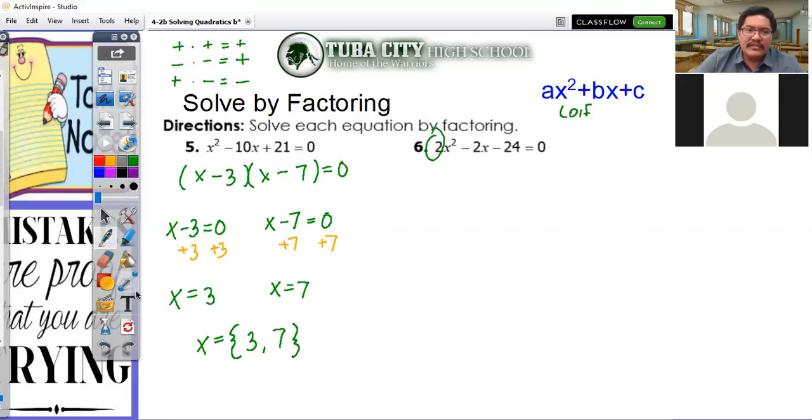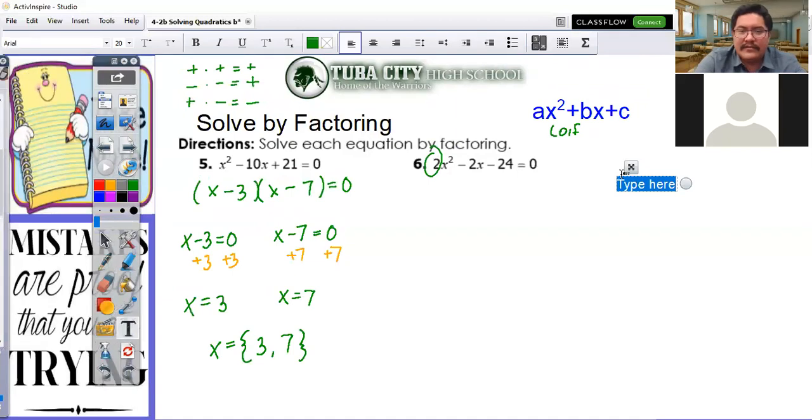So there's two things you can do if there is an a value. The first thing we could try is factor it out. And the second thing we could try is just work with it.